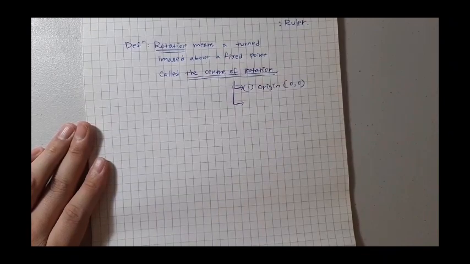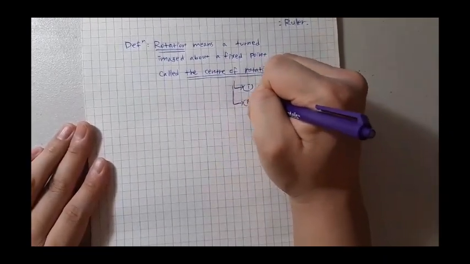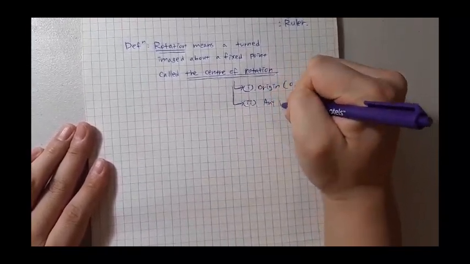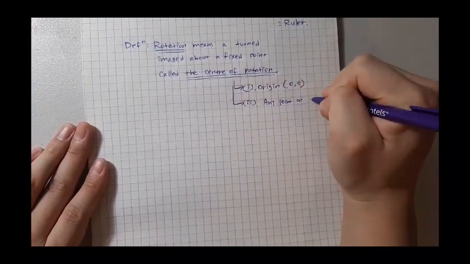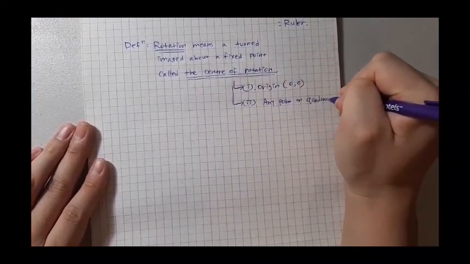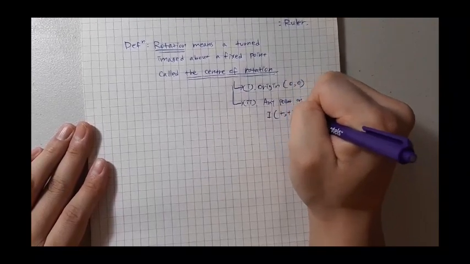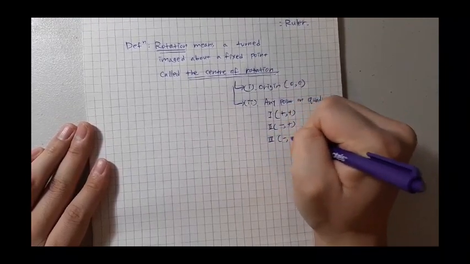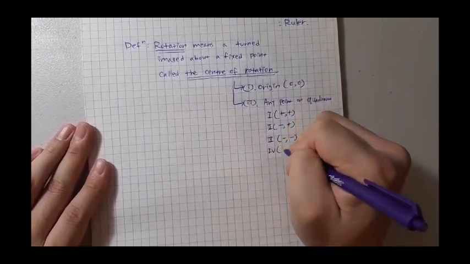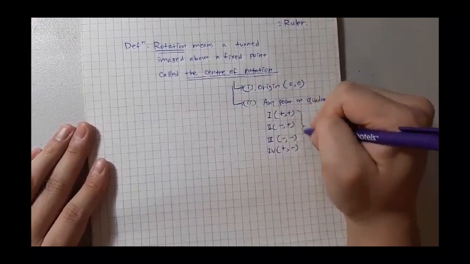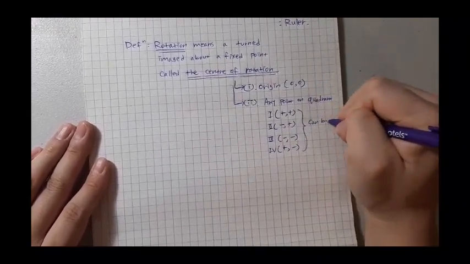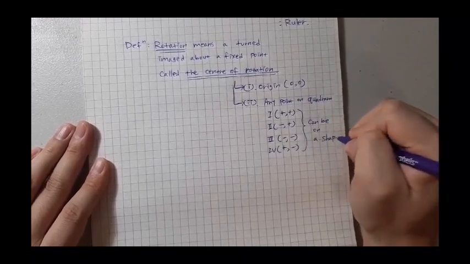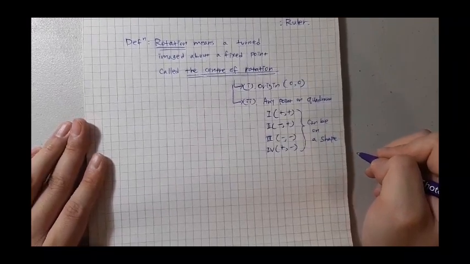Another one can be basically any point on quadrant 1 if it's positive and positive, 2 if it's negative and positive, 3 if it's negative and negative, and 4 if it's positive and negative. And these points can be on a shape or a diagram, or they can be outside.